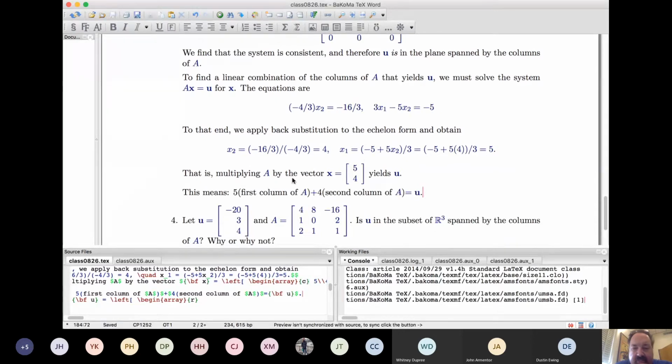You take each column of A, multiply it by the corresponding element of x, and add them up.